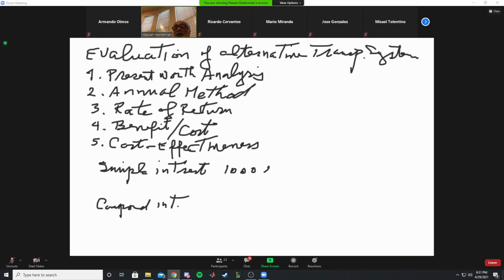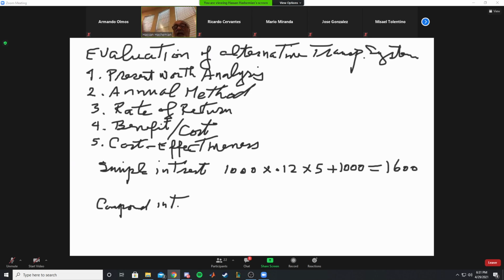So $1,000 times 12% interest, you get $120 interest times 5 years. That makes it $600 plus your original amount that you put in, 1,000. So it gives you $1,600. That's how you calculate how much money you're going to have at the end.